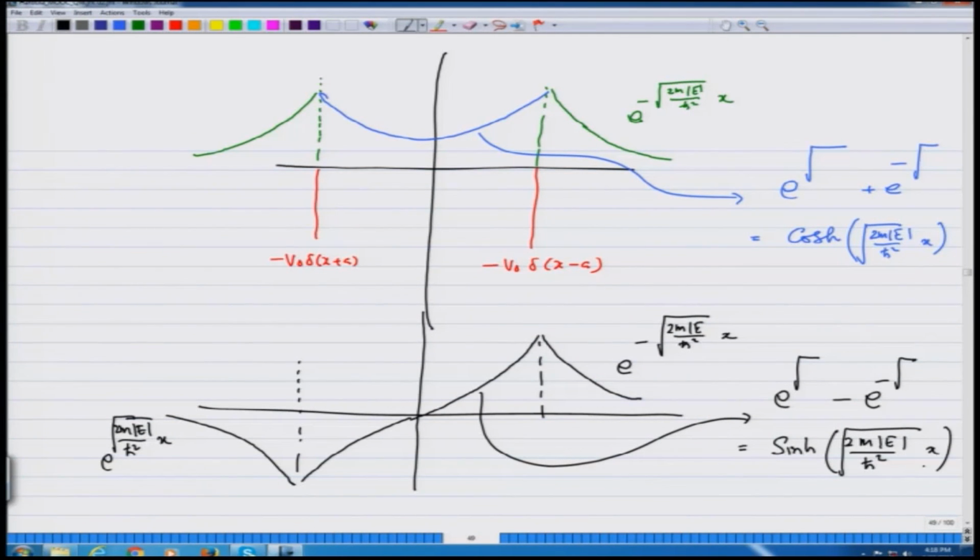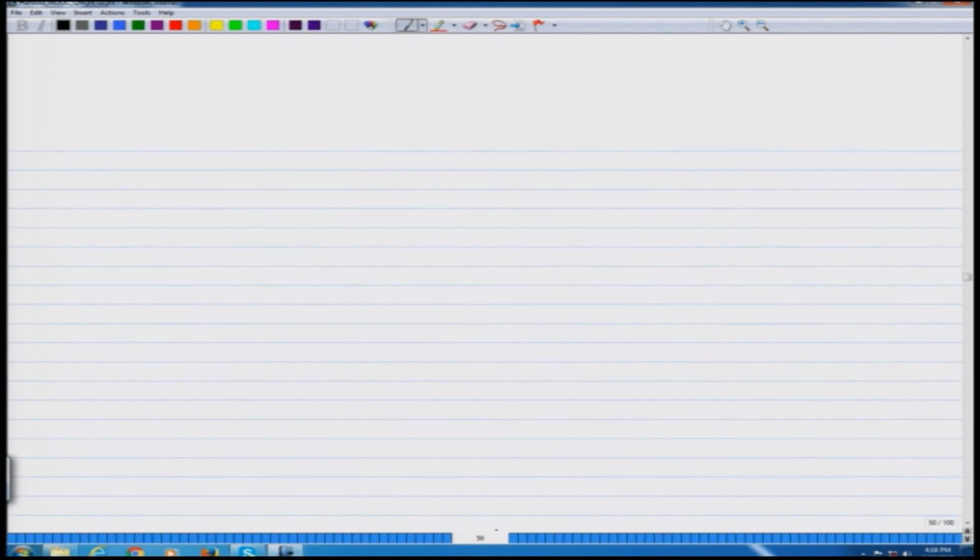So, I have given you a qualitative argument based on symmetry, how the wave function should look like, as to what the linear combinations of these two solutions would be for the symmetric and antisymmetric wave function. In the first case psi x equals psi minus x, and the second case psi x equals minus psi minus x. This is a qualitative argument based on the symmetry.